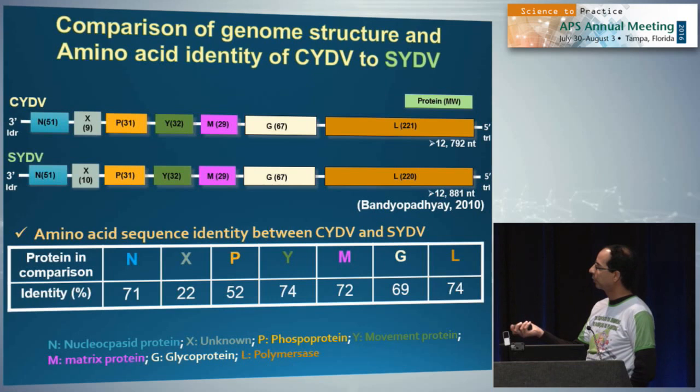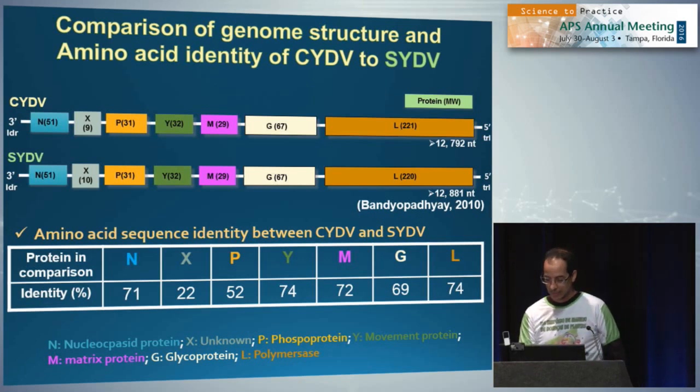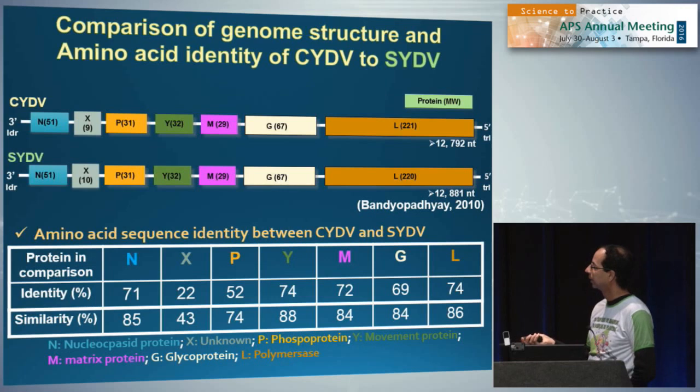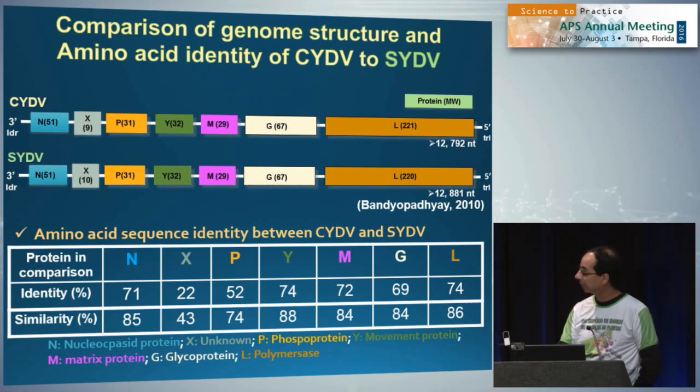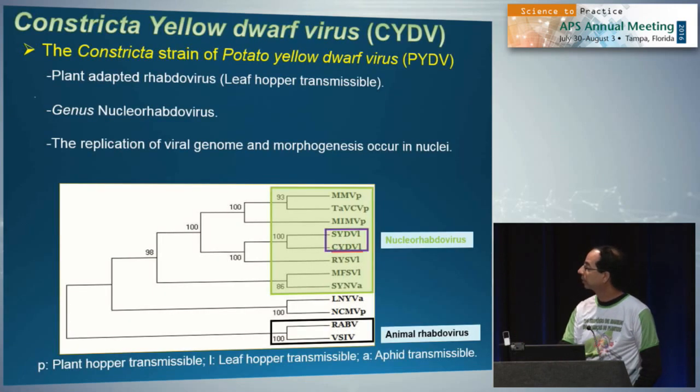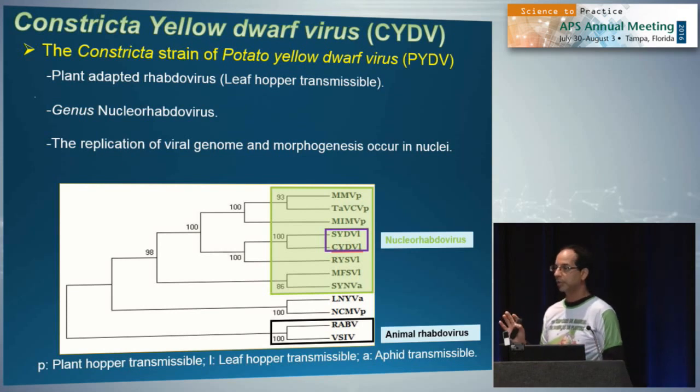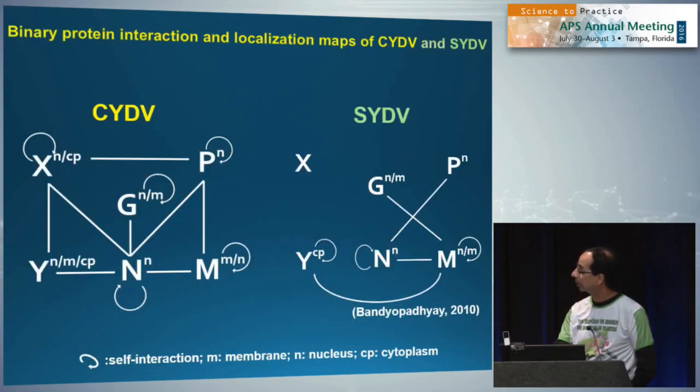So what's important to know in a pairwise comparison is that these proteins are mostly about 70% identical, and if you allow for similarity, then the similarity gets close to 80 to 90%. So they're very similar. And for these studies, they are essentially 2 of the most closely related rhabdoviruses that we have to work with. Right? Okay, so let's look at these subtle differences between them.